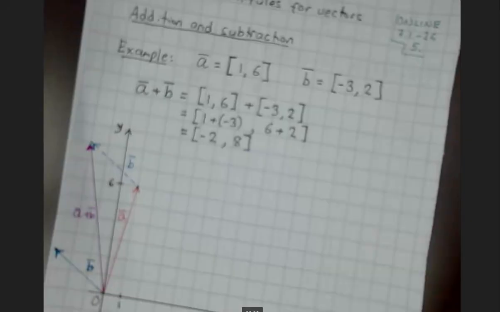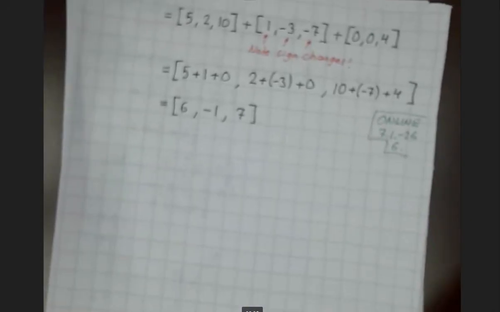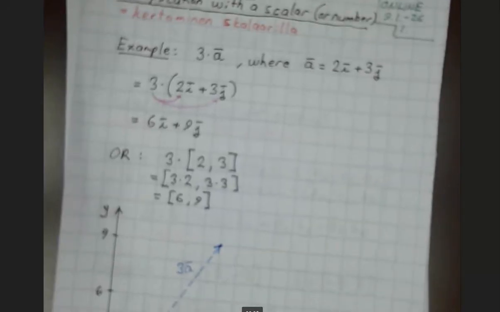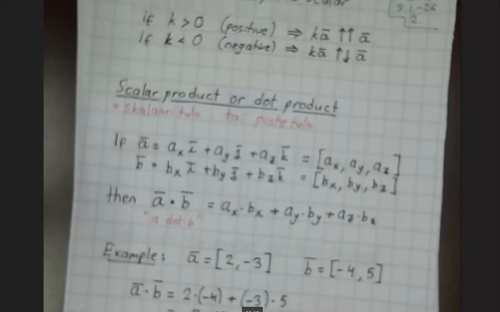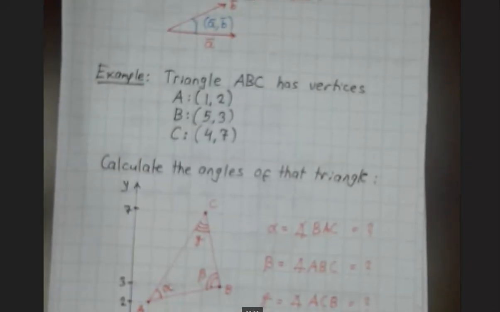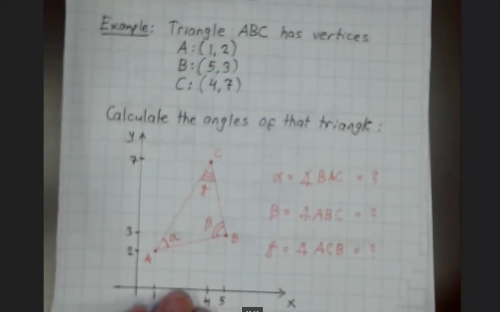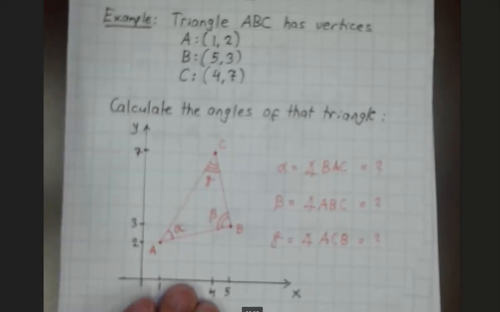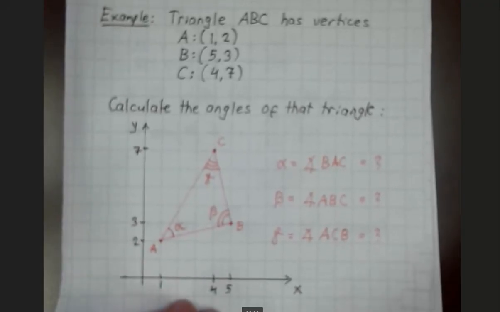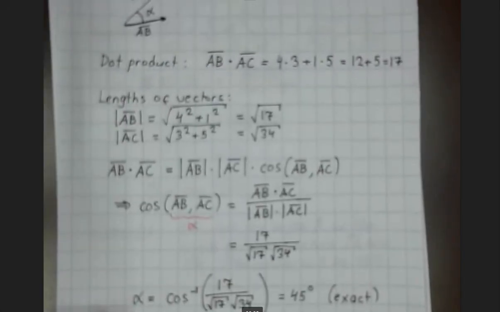then also some rules, addition and subtraction rules, and multiplication rule and scalar product or dot product. And then one application when we had a triangle and we wanted to calculate the angles of that triangle, and we used the dot product there.